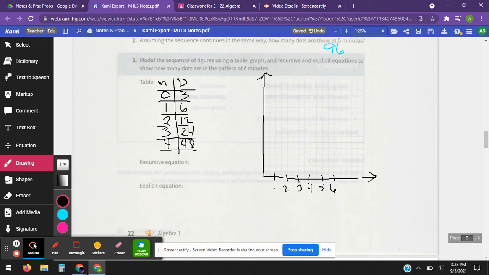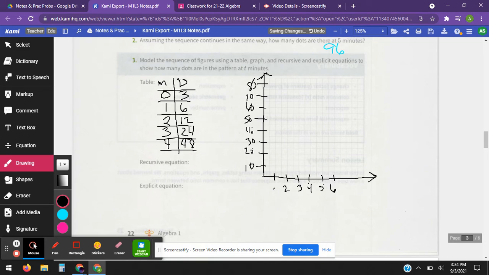We knew 5 went up to almost 100. So 3, 4, 5, 6, 7, 8. 80. Doesn't quite get us up there. It's all right. 20, 30, 40, 50, 60, 70, 80.